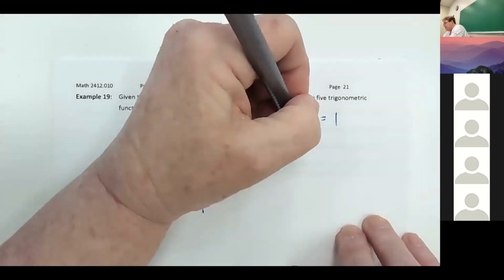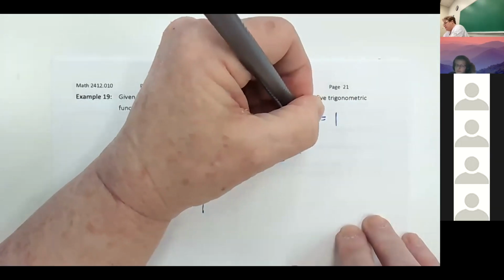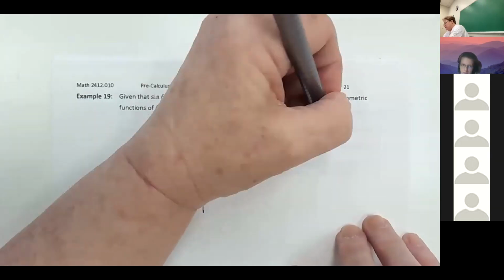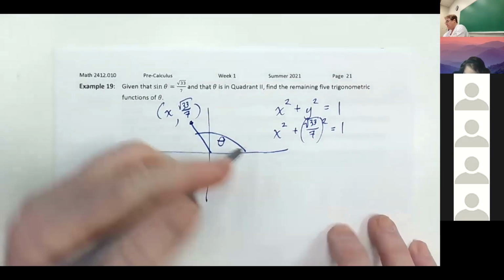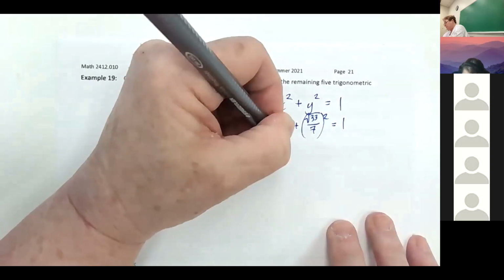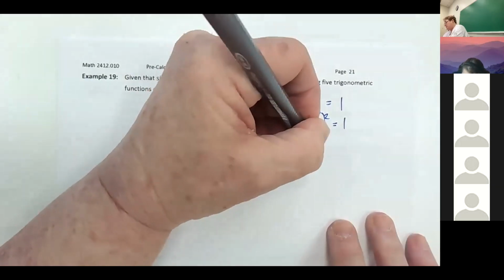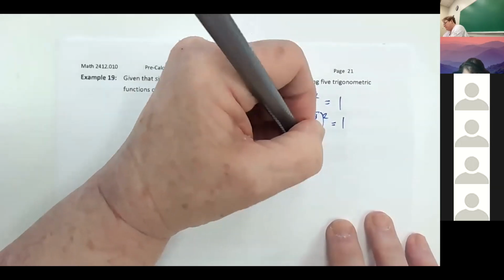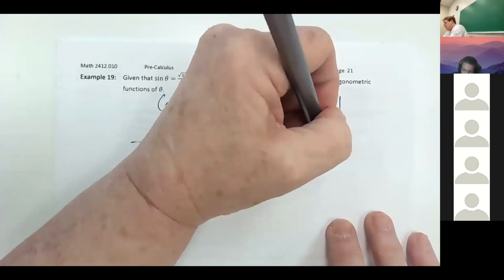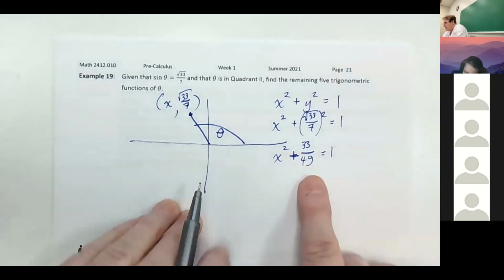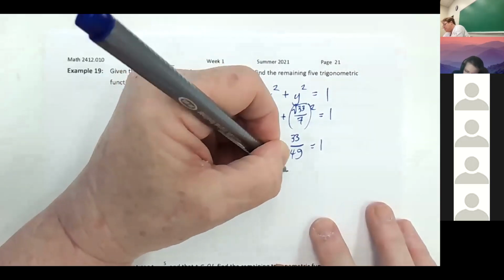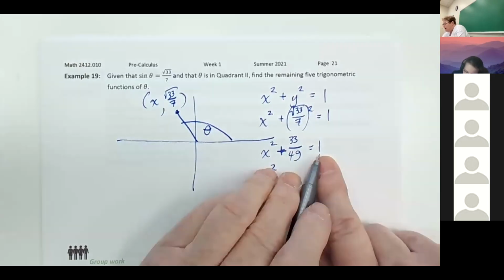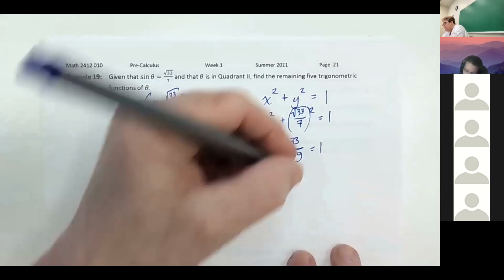So we've got square root of 33 over 7 squared. What is square root of 33 over 7 squared? And if I subtract 33 over 49 from both sides, I'm going to write 1 as 49 over 49.